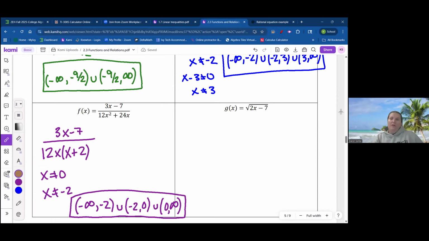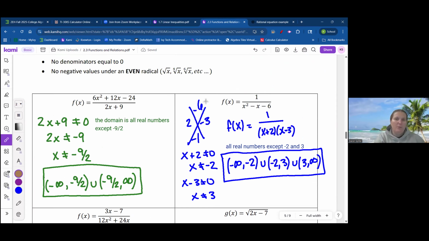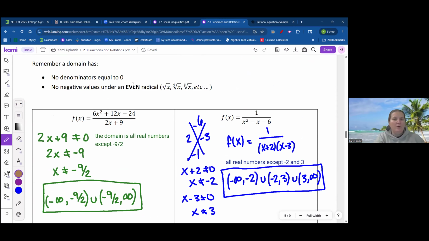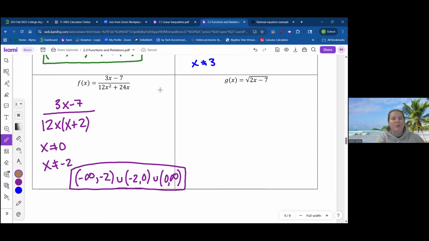Okay. The square root is an even radical. So in this case, it can be 0 because the square root of 0 is 0. So under a radical, it has to be greater than or equal to 0. So you got 2x is greater than or equal to 7, and x is greater than or equal to 7 over 2, which is 3.5.